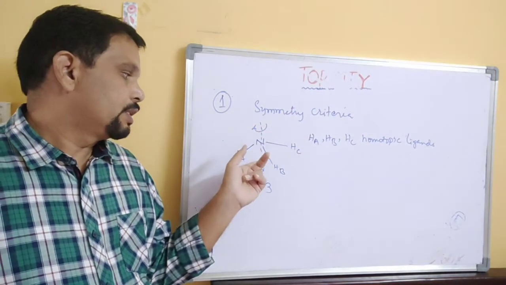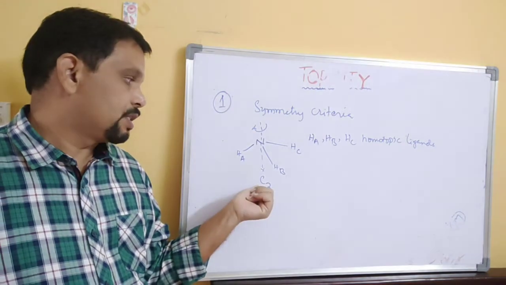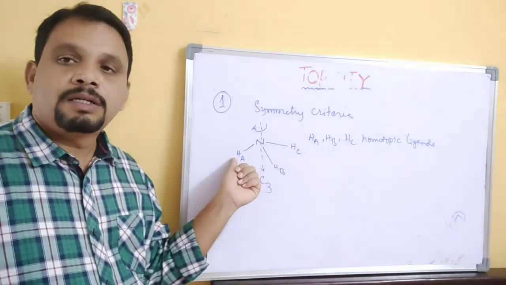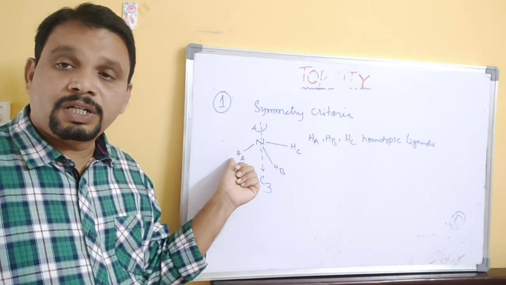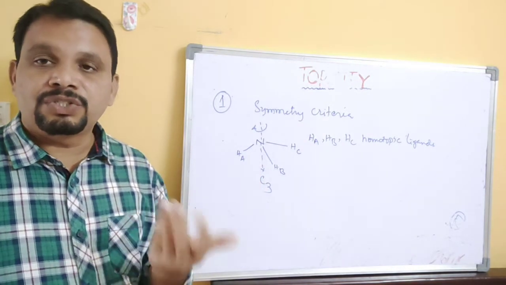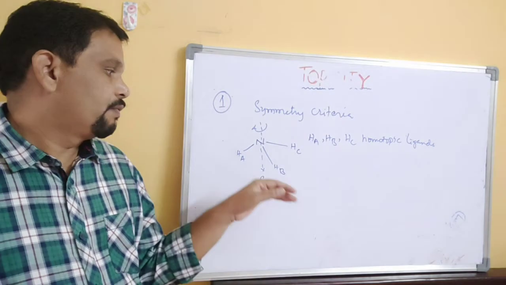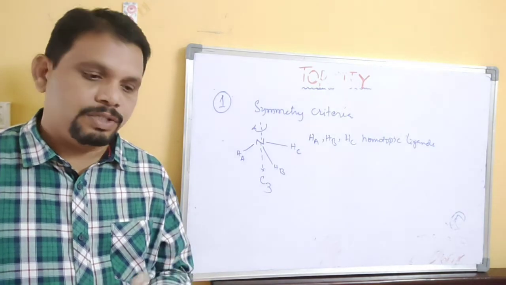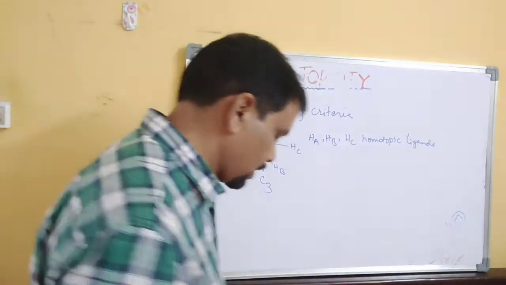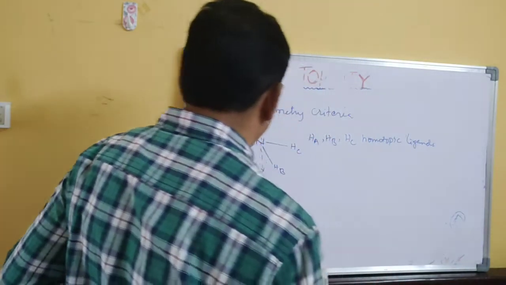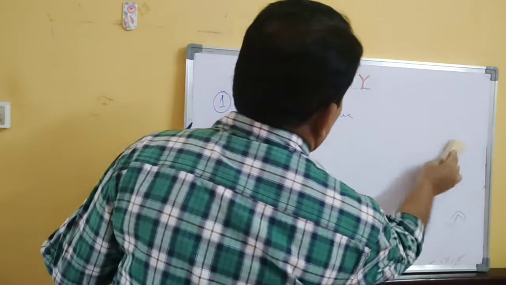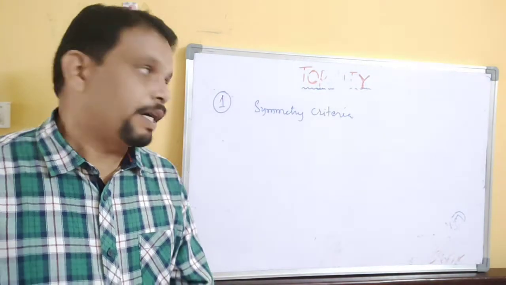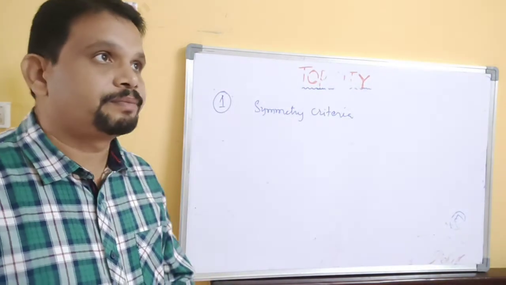In this, a C3 axis of symmetry is there, and if you rotate the molecule, these three hydrogens or groups are interchangeable with each other without any difference. Therefore, they are homotopic. Homotopic means no difference, similar or same. And I'll give more and more examples on this to find out symmetry criteria.